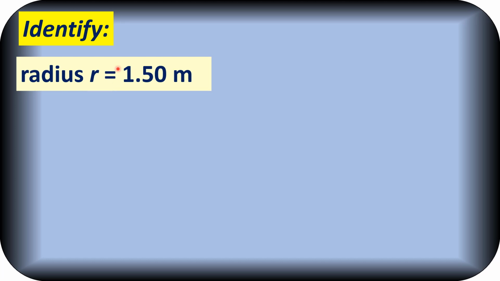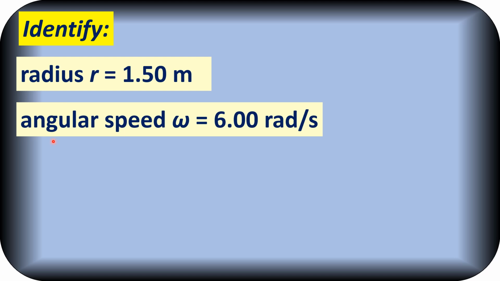Emphasizing the given data, we have the radius r equal to 1.50 meters, which is how far the tip of the hammer is from the axis of rotation. And we also have the angular speed or velocity, omega, which is equal to 6.00 radians per second.